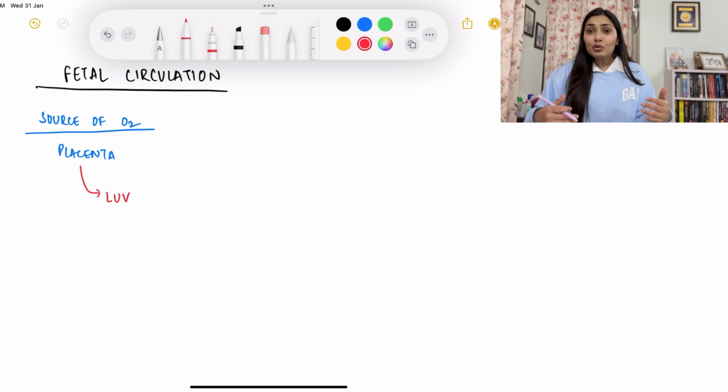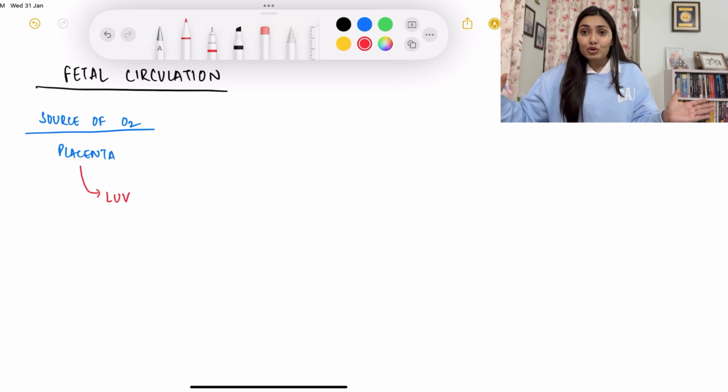For the fetus to circulate this oxygenated blood throughout the body, it needs a pump, and that pump is the heart of the fetus. So this oxygenated blood from the left umbilical vein has to reach the heart.